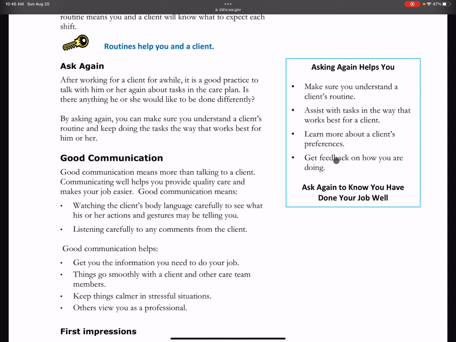Make sure you understand the client's routine. What do they do when they get up in the morning? If they want to brush their teeth, let them brush their teeth. Don't dress them up. It depends. Each person has their own routine. Assist with tasks in the way that works best for the client. Learn more about client preferences. Get feedback on how you are doing the job.